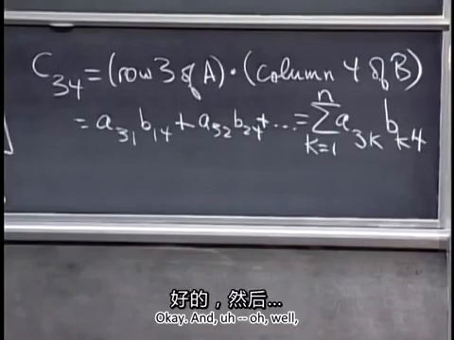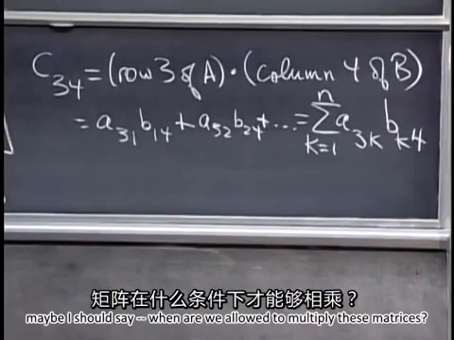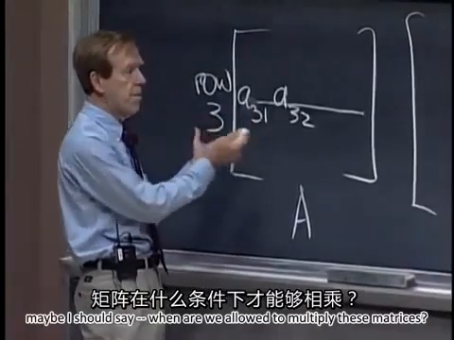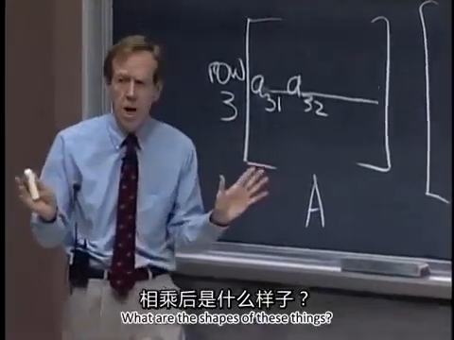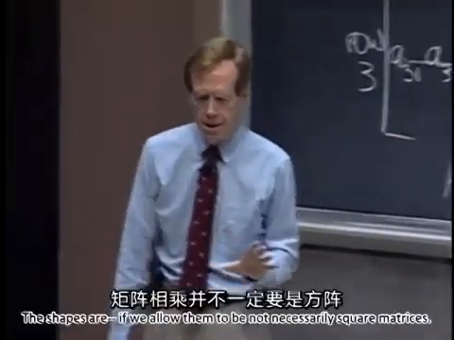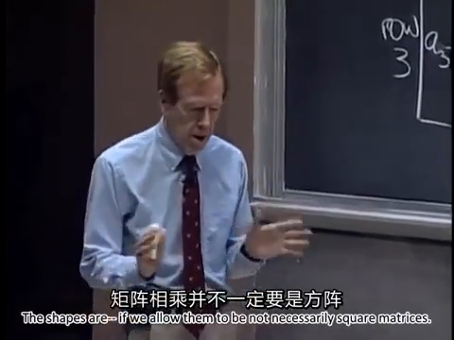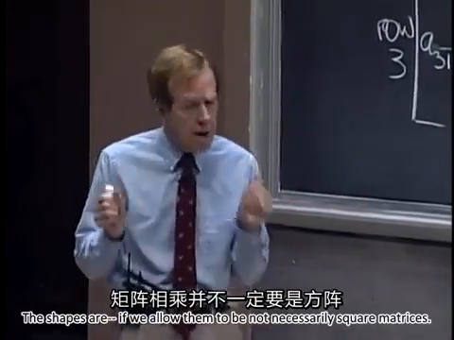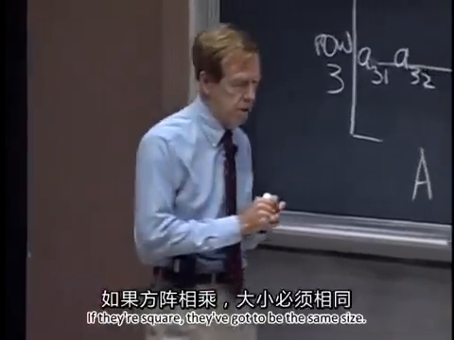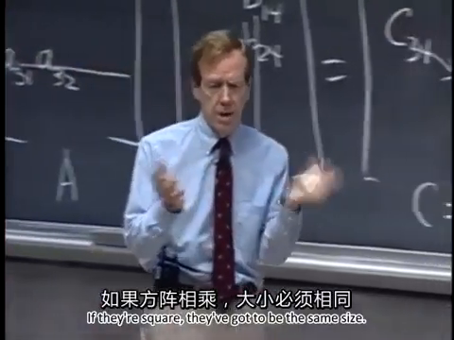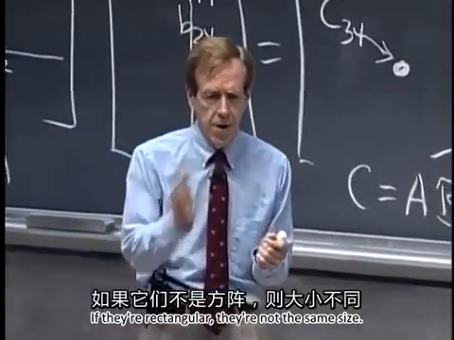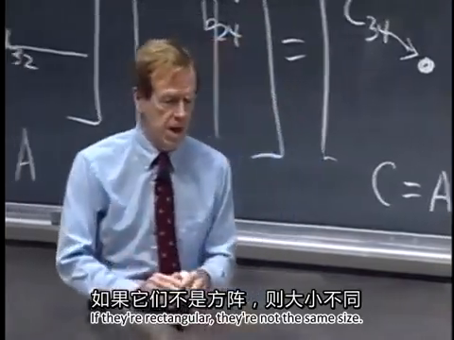Okay. And, well, maybe I should say, when are we allowed to multiply these matrices? What are the shapes of these things? The shapes are, if we allow them to be not necessarily square matrices. If they're square, they've got to be the same size. If they're rectangular, they're not the same size.